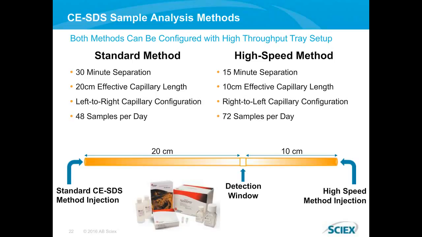The kit that you see down there at the bottom is the same CE-SDS kit, whether you're doing molecular weight or IgG purity, heterogeneity. It's the same kit. There's nothing new. It's just an optimized method. We've been working very hard to make sure that we've changed very little, just enough to get us higher speed and higher throughput on the assay.